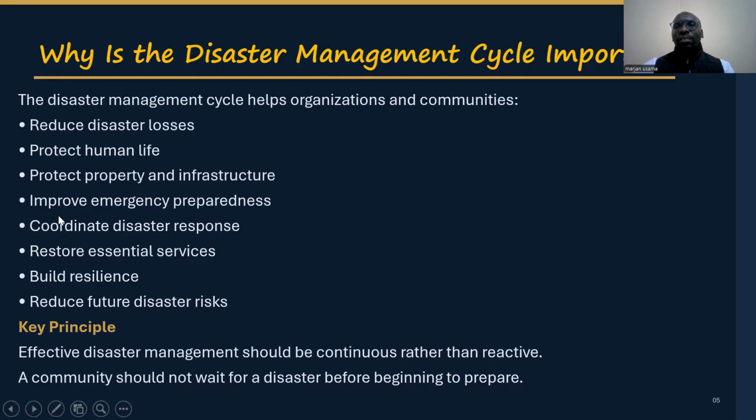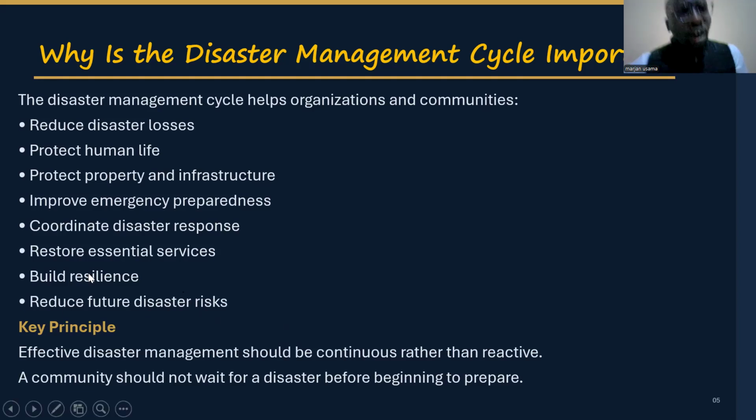So the disaster management cycle will help us on that. Then restore essential services. Remember, we talked about the essential services: electricity, water, health services, food, water. These are the essential services that are needed when a disaster occurs.